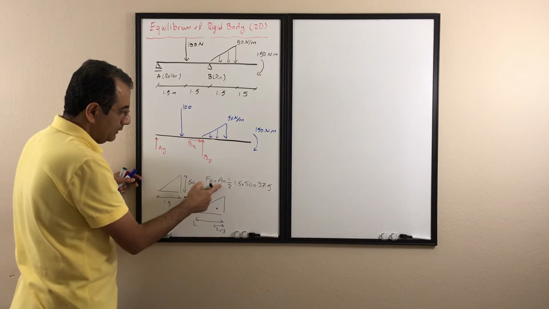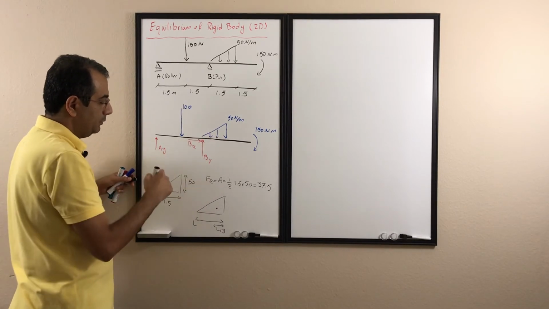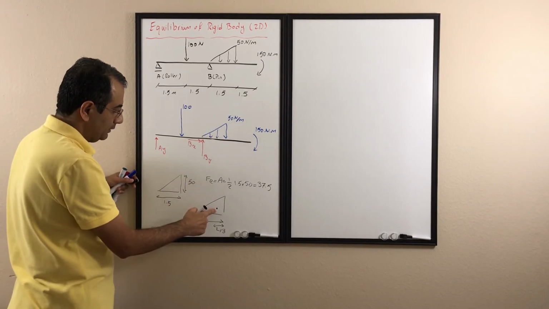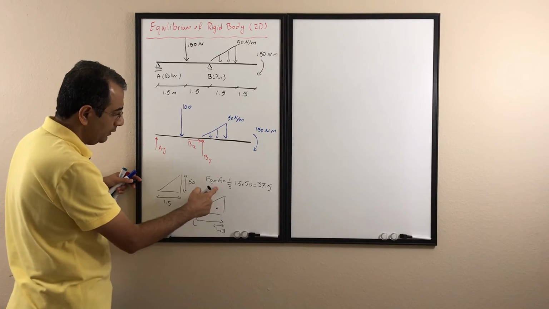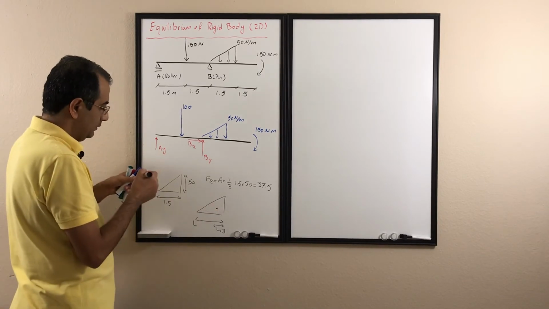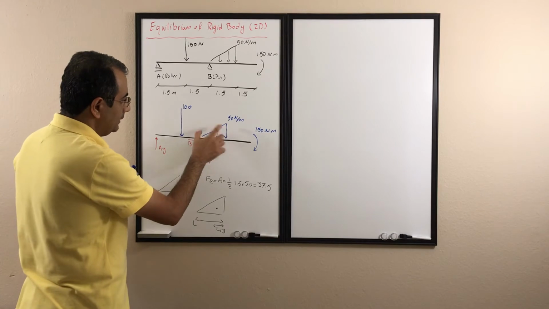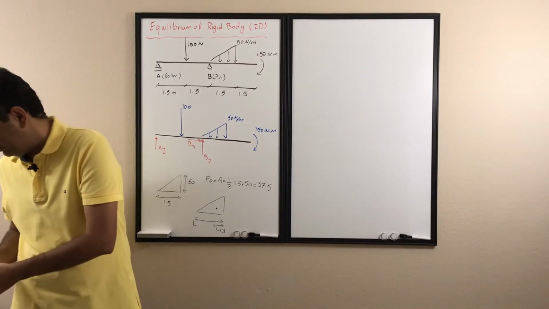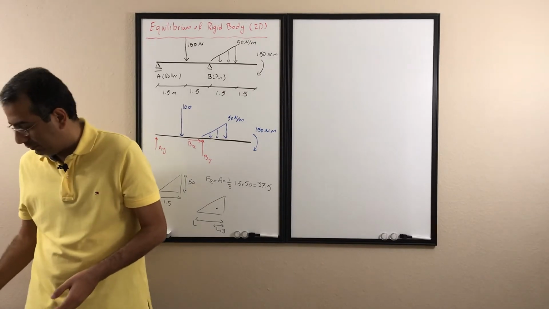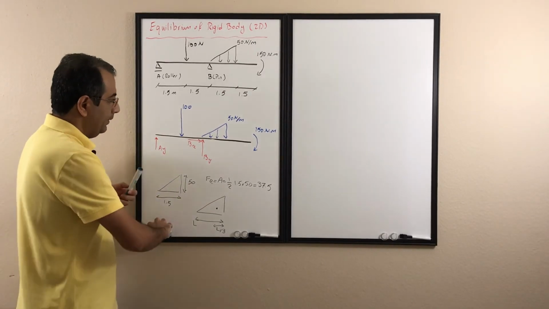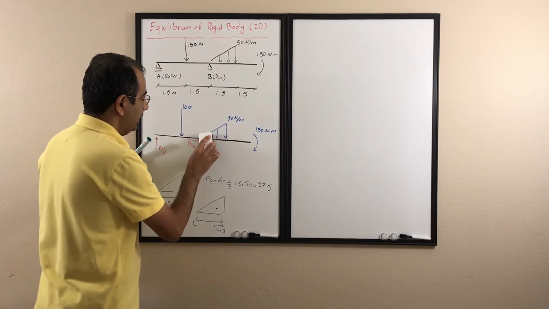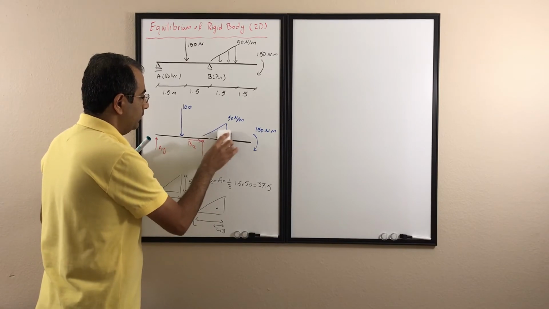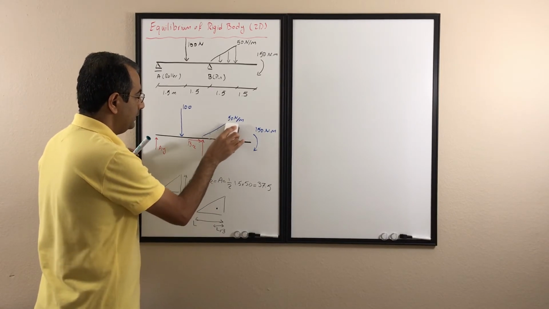So the magnitude is the area underneath the distributed load, and the location where that force is applied is right at the centroid. So I'm going to remove this distributed load and replace it with a single load.